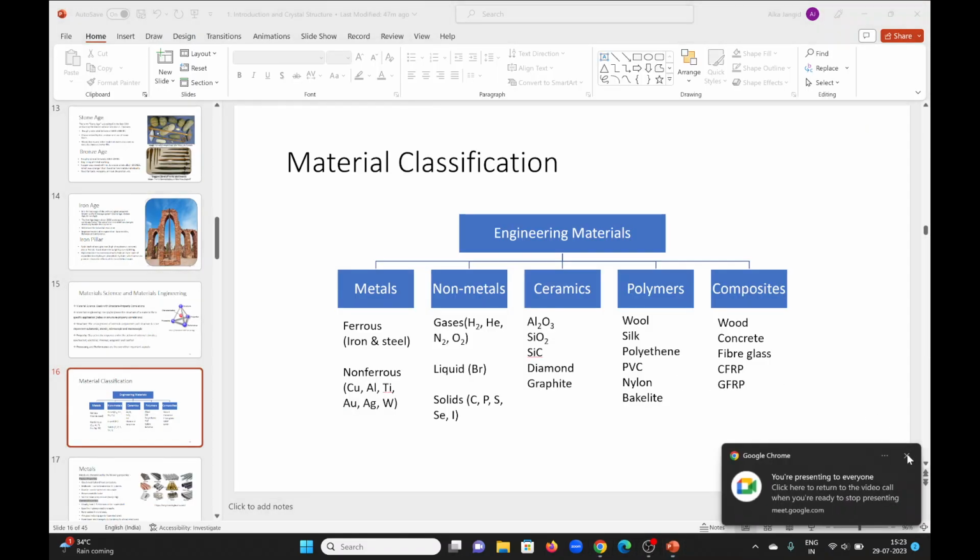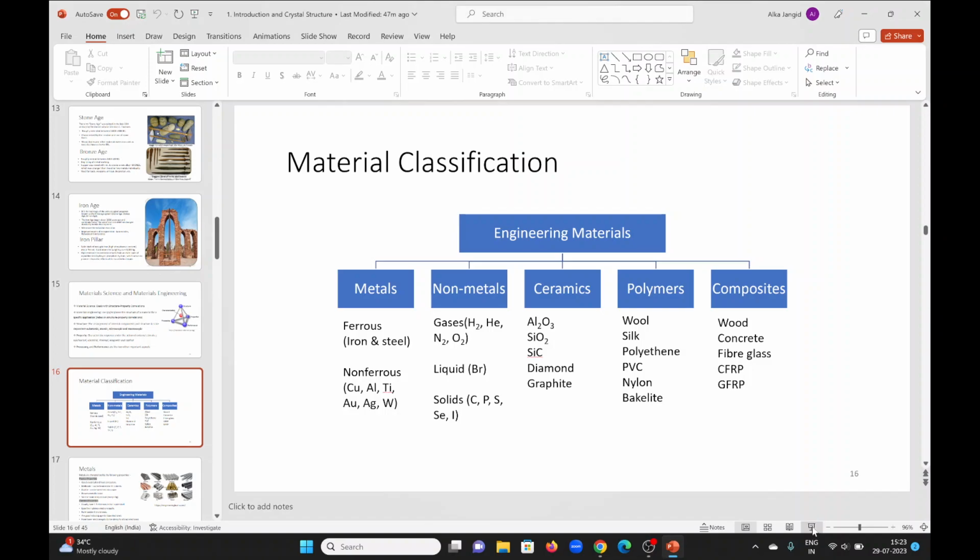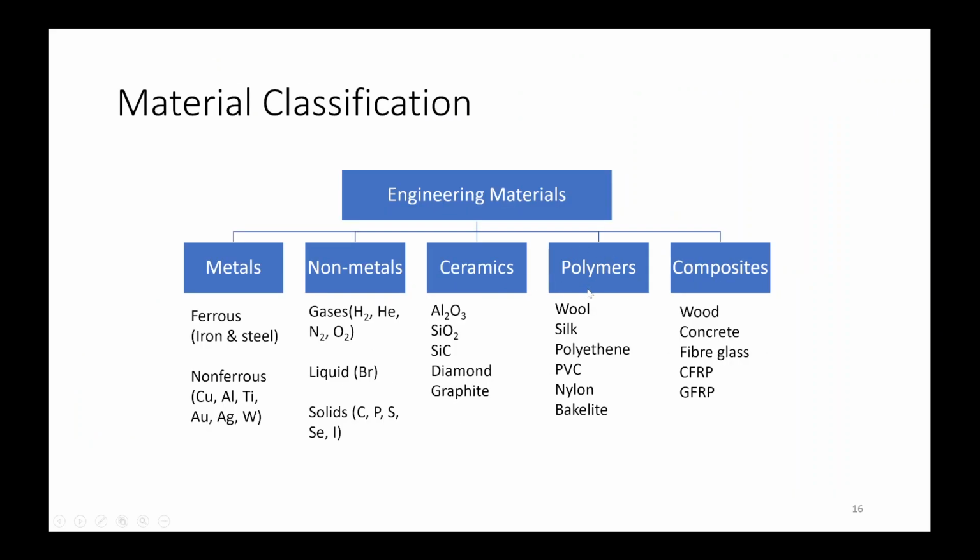These are the compounds having very high melting point. Now others are polymers, which include wool and silk. These two are examples of natural polymers. And polythene, PVC, nylon, bakelite, these are man-made polymers.